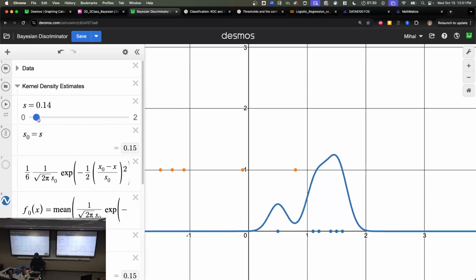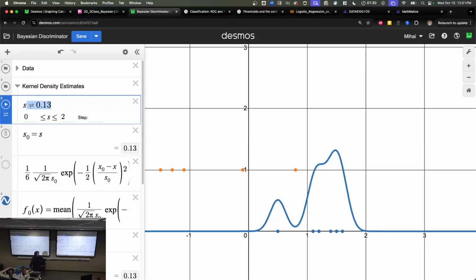You could, if you wanted, separate the blue points into a test set and a training set, estimate this curve with the training set, and then see how well your density estimate is doing on the test set. So figuring out the optimal value of sigma is a hyperparameter, just like everything else we do in data science. You would check it by some kind of experiment to see if bigger or smaller is better.